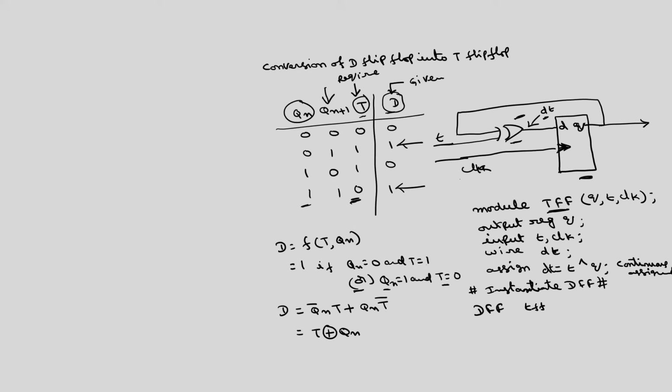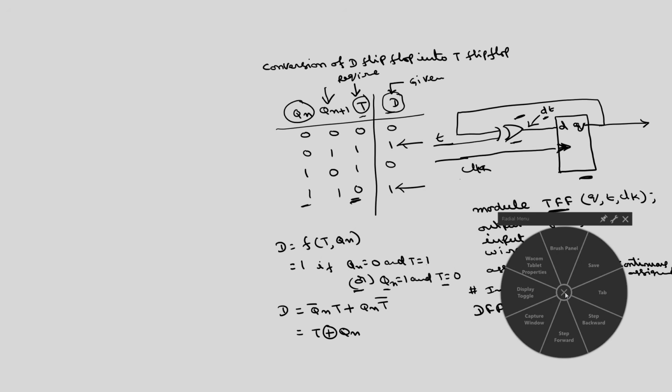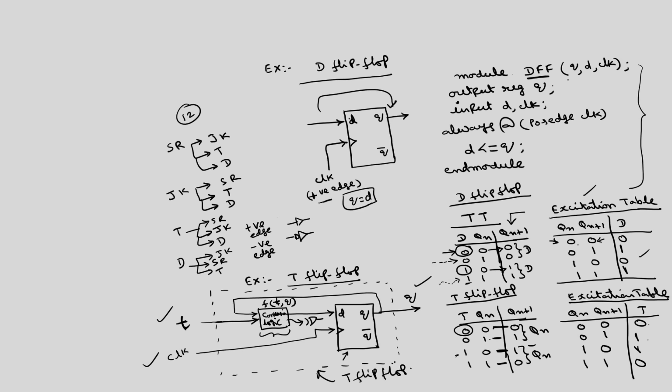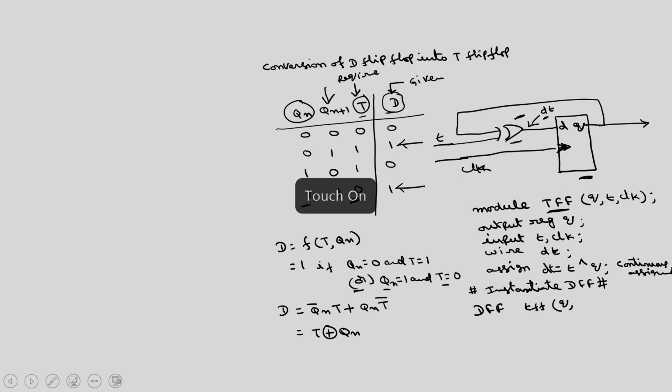You have to use this name if you want to instantiate this D flip flop. What are the outputs and inputs of this D flip flop? dt is the input, output is Q. The order in which I have given the inputs and outputs is Q, D, clock. If I follow the same order: Q, in place of D we have dt, clk, end module.